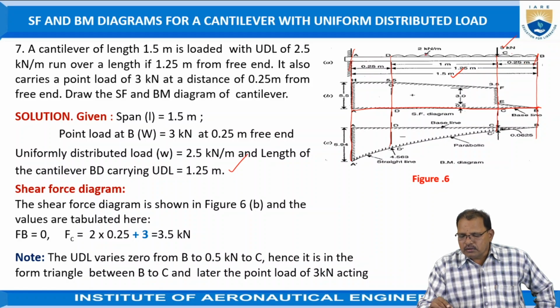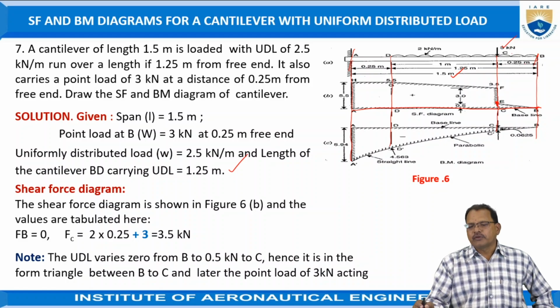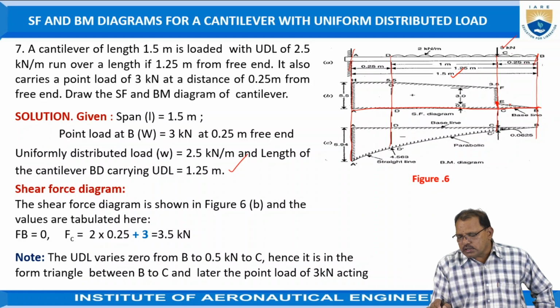Load is acting 2 kilonewtons per meter. That is 2 into 0.25. Here this value is 0.5. It is representing up to according to the scale now. Okay, join these points by using straight lines because it depends upon the distance between the points only.